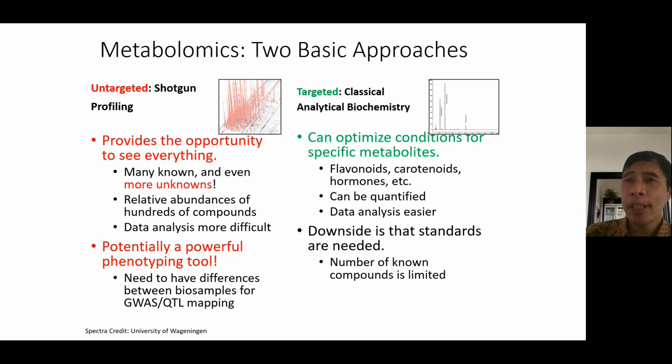Sometimes you will get various metabolites that are probably unidentified yet. So there are more unknowns when you deploy untargeted, because you explore any metabolites that will be detected by the machines, and then you will be presented with such data.